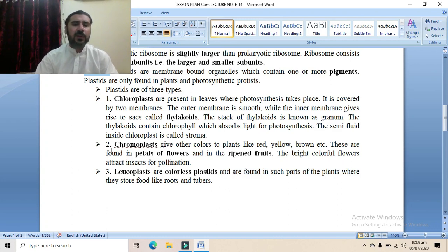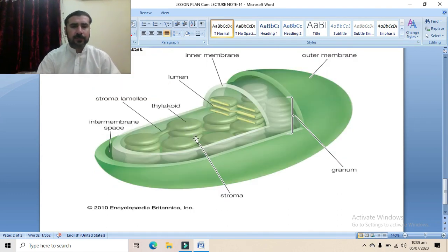Now the semi-fluid inside the chloroplast is called stroma. Diagrammatically, these are granum. These granum consist of thylakoids, 1, 2, 3, and below there will be several others, up to 50 thylakoids combined, known as granum.